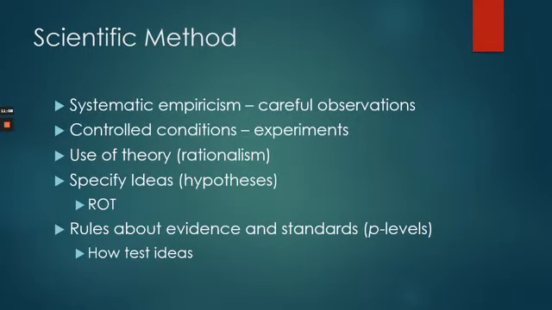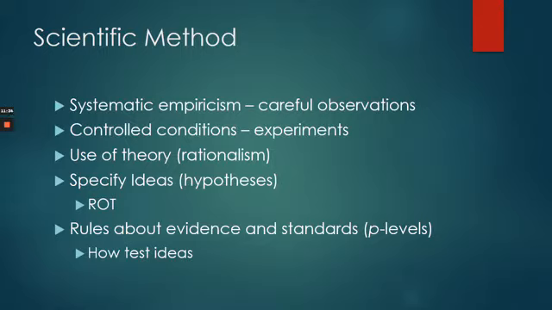And I also asked you about the scientific method. So probably when you were thinking about scientific method, you were probably thinking about somebody in a lab coat, right? Somebody who's very systematic and careful. So scientific method is what we call systematic empiricism. So I just talked about in the previous slide that empirical doesn't mean just kind of informally watching and looking at something.